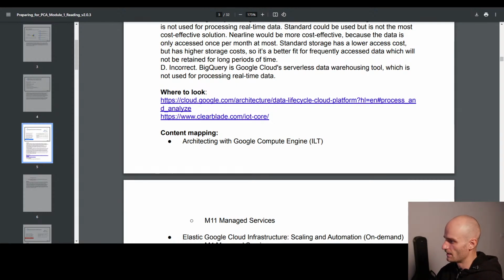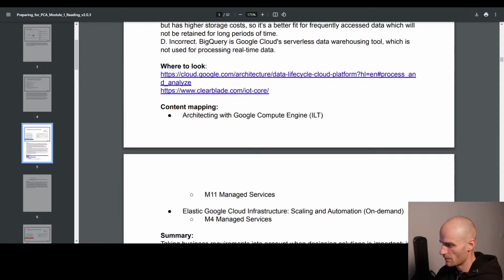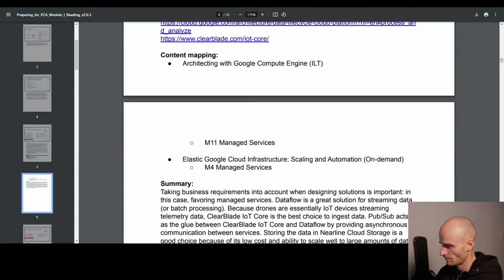So I imagine they explain something more about managed services. And then Elastic, Google Cloud infrastructure. I'm taking note in a sticky note.